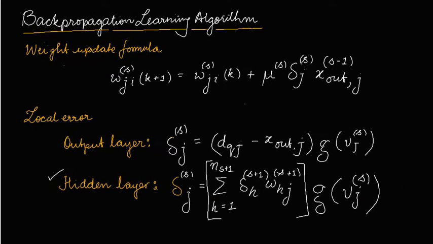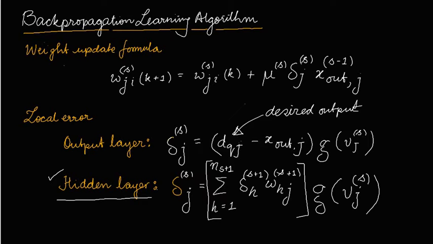Now for the hidden layer, we know that we don't have any desired output. So in that case, the formula changes. Here the formula is like this.